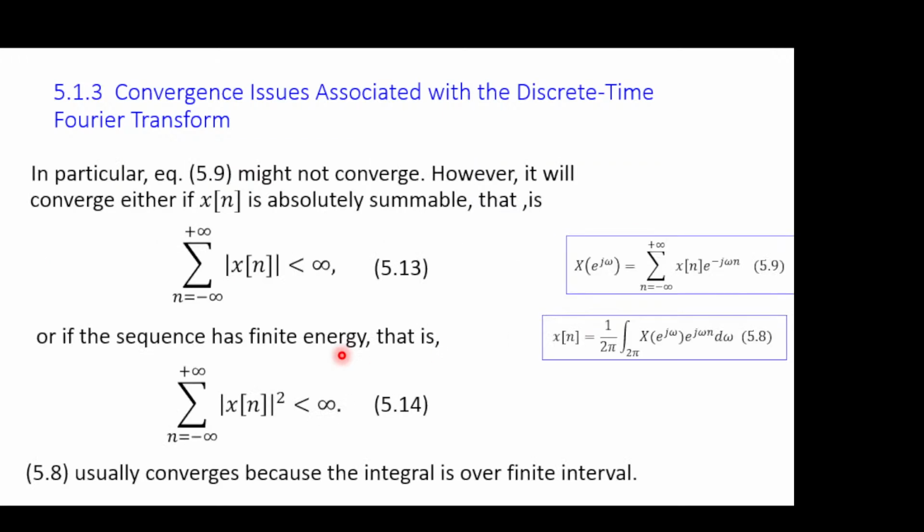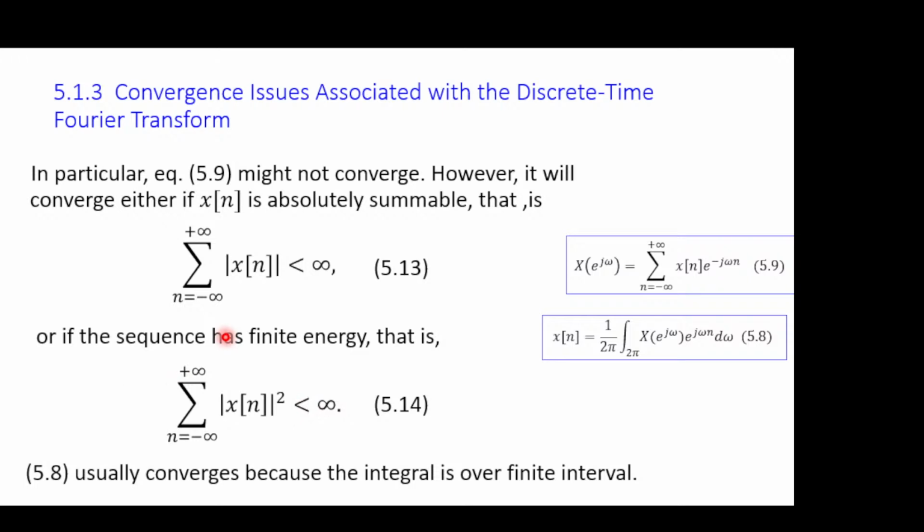And here we are staying extra lazy. Basically we just say those are the two conditions that guarantee that your things converge. So either your signal is absolutely summable in the time domain, or it has finite energy in the time domain.